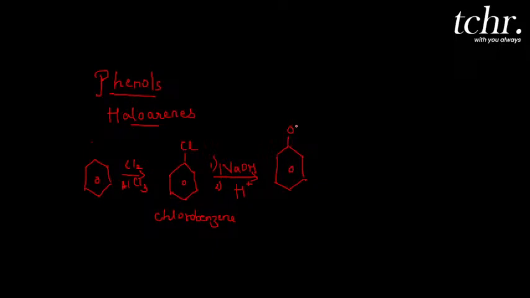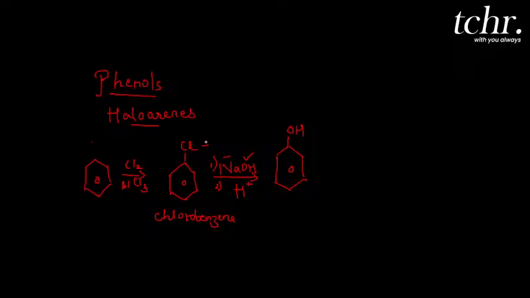Okay, students, when you observe this, what do you think? What do you think might be happening here? You may think chlorine is substituted by the OH functional group, and sodium and chlorine will go out as NaCl and OH is substituted. It seems like that, correct?